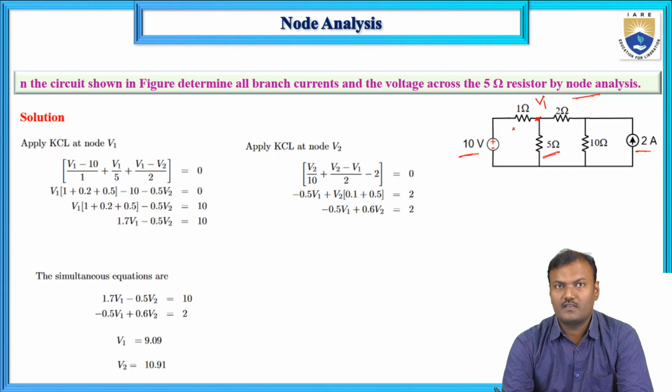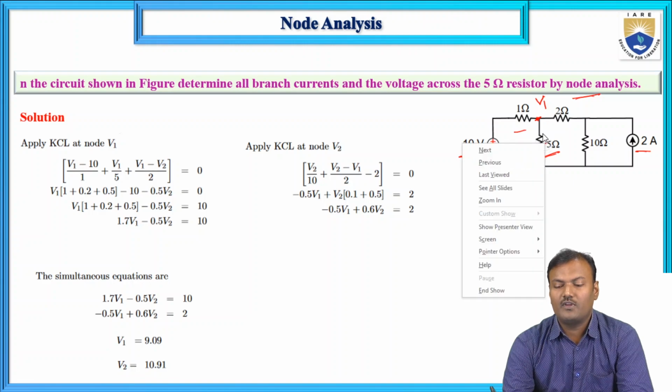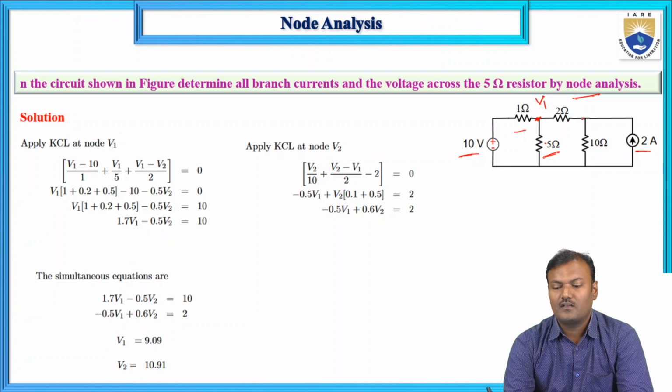The terms are V1 minus 10 divided by 1, V1 divided by 5, and V1 minus V2. Here the voltage is assumed to be V2, and this is the reference node. So 3 currents we are assuming, 1, 2 and then 3.